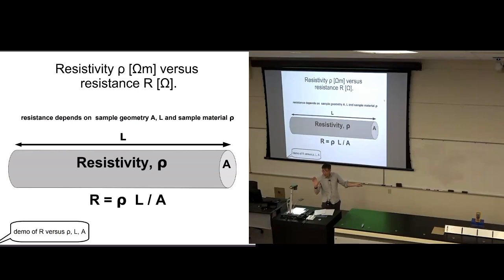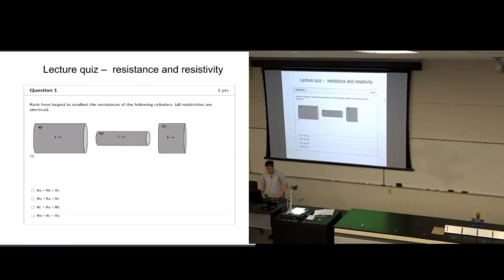The greater the area, like the fire hose compared to the garden hose, the smaller the resistance. So this is how we understand the geometrical and material dependence of resistance of a wire in terms of resistivity and geometry. Here's a question based on that, a quiz question.